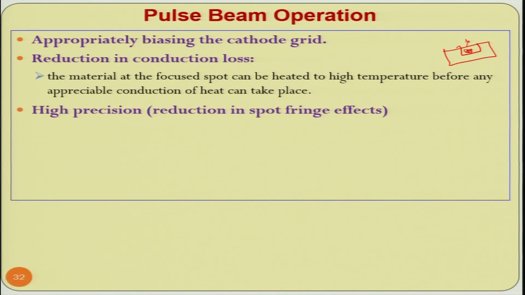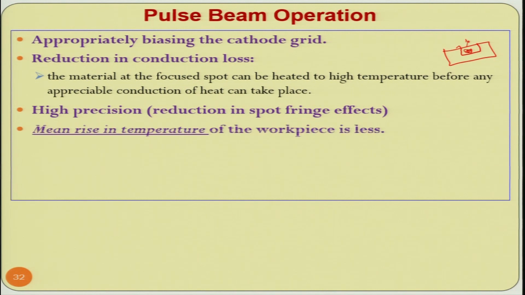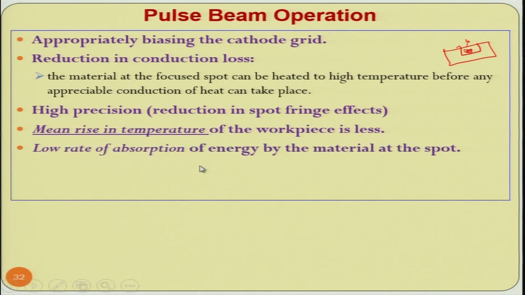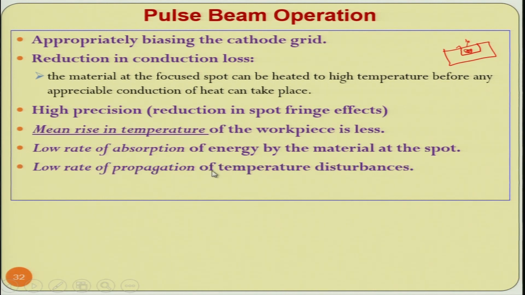High precision, or reduction in spot fringe effects, means the rise in temperature of the workpiece is less, then low rate of absorption of energy by material at the spot, and low rate of propagation of temperature disturbances.